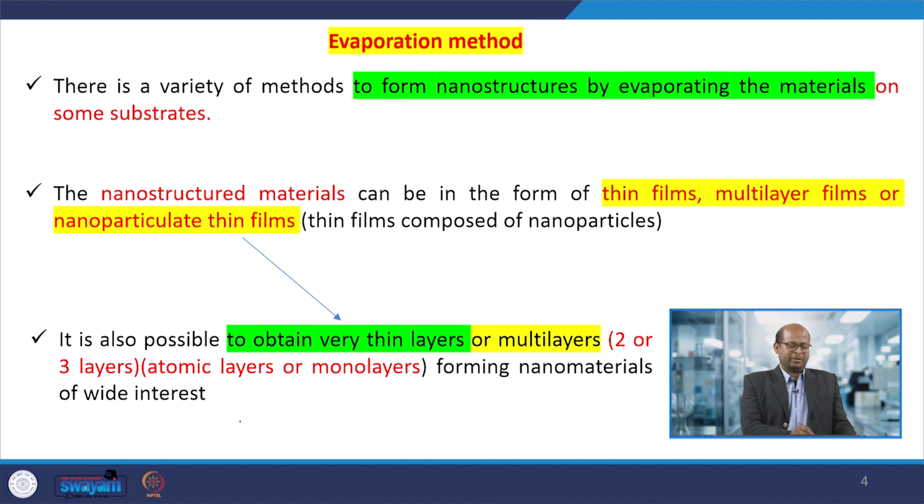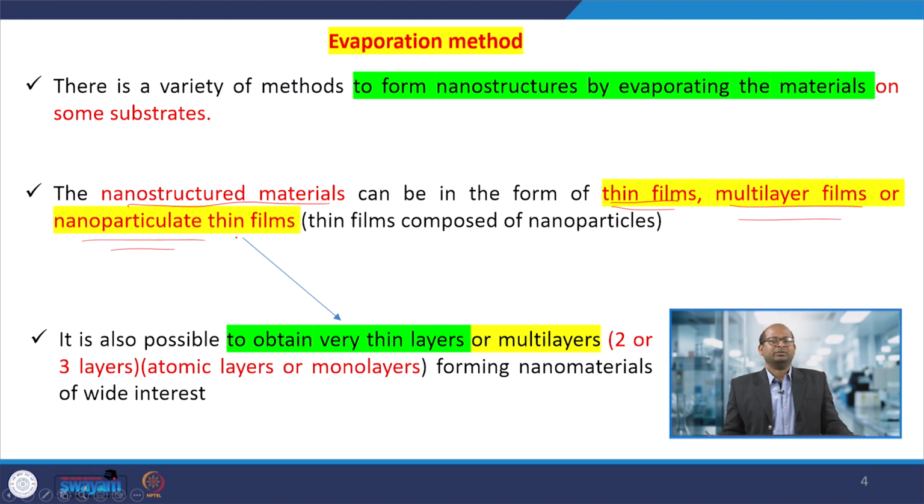Nanostructured materials, I said, may be in the form of thin films or multilayer films, or maybe nanoparticles in the thin films that will be deposited over the substrate, in the form of nanoparticulate thin films.